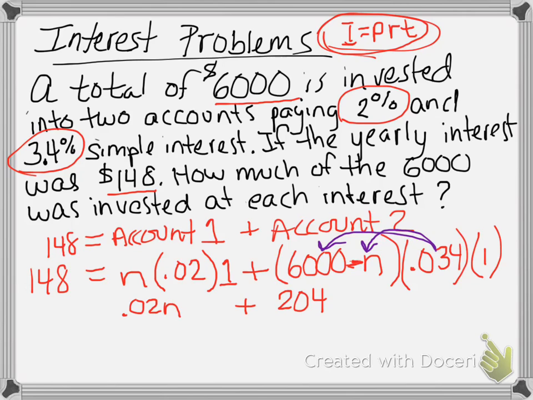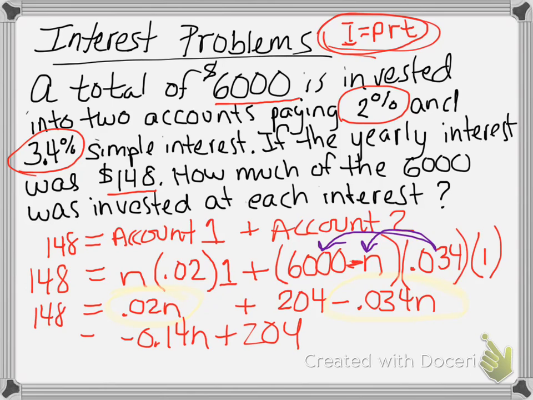And then 0.034 times n is 0.034n. And then times 1 is not going to matter. So at this point this all equals 148. So I'm going to combine my like terms. I've got 0.02n and I've got a negative 0.034n. Together that makes negative 0.014n. I still have the plus 204, and I still have the 148, and I'm going to move to the other page.